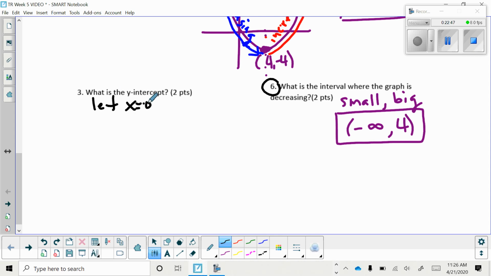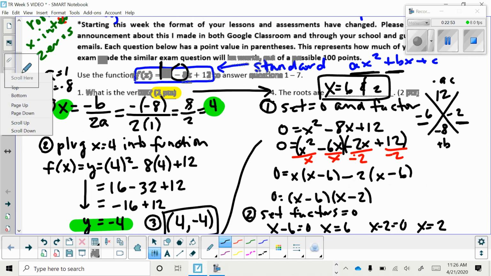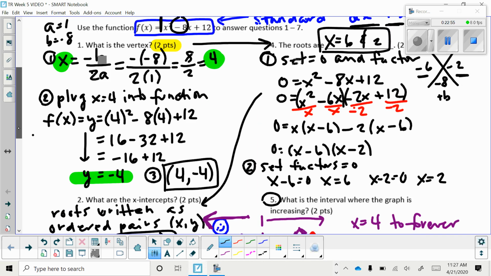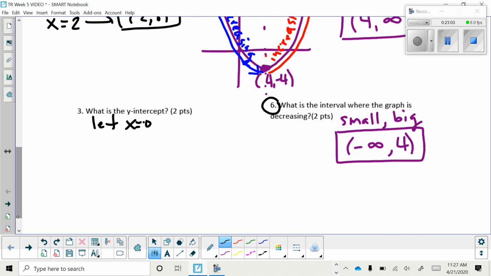So earlier in number 4 and 2, when we wanted to know about x-intercepts, we let y equal 0. When we want to know about y-intercepts, we let x equal 0.